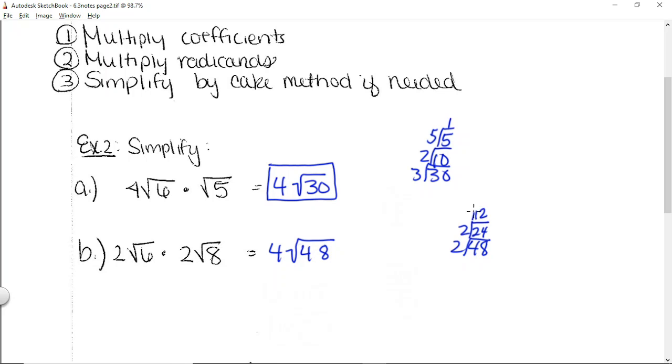Okay, gives us 12. 2 gives us 6. 2 gives us 3. And 3, and that's it. So what can we pull out of that? We still have this 4 here, and we have in there a couple of pairs of 2.